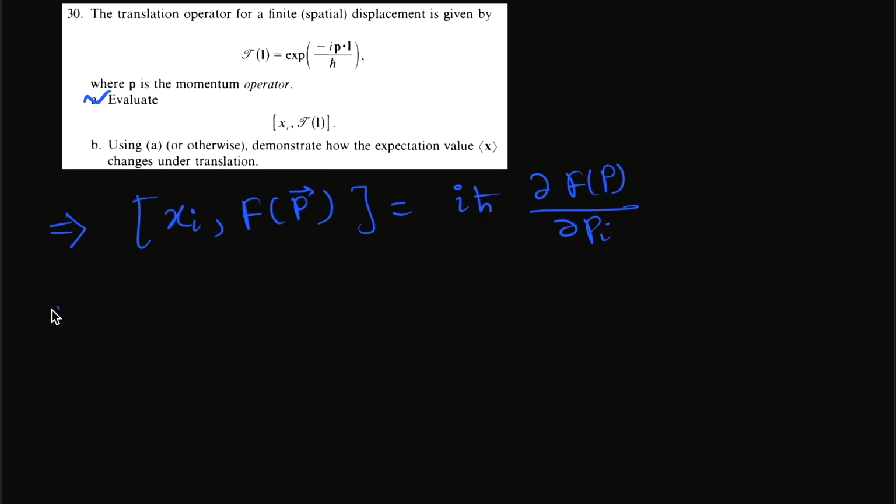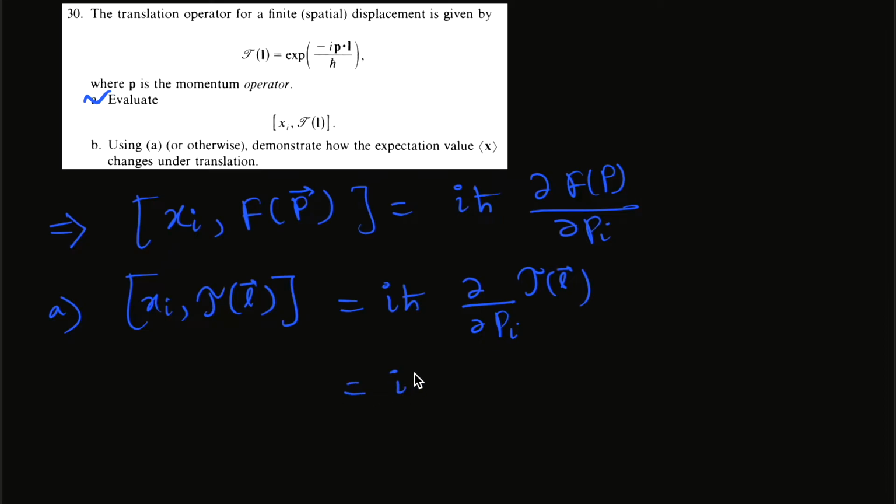In question 30 part A, [xi, tau(L)] will be iħ ∂/∂pi of tau(L). What we'll get: iħ times the exponential of minus i p dot L by ħ, into ∂/∂pi of minus i p dot L by ħ.